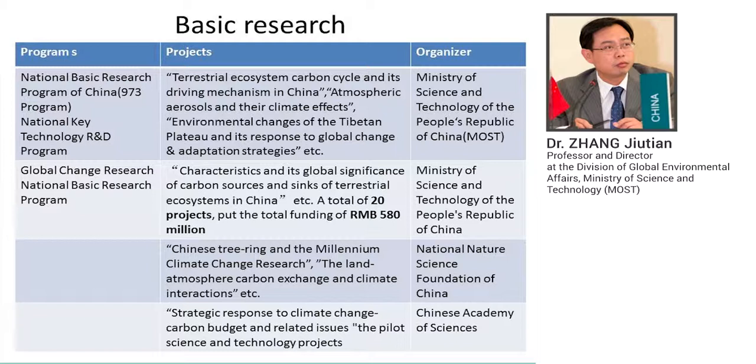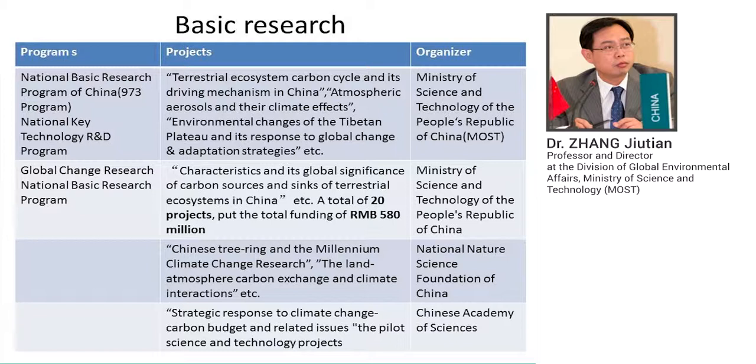Another aspect we mainly do is distribute the public funding. In past years we have had a system in which basic research, technology R&D, and demonstration are the three categories of the funding scheme.